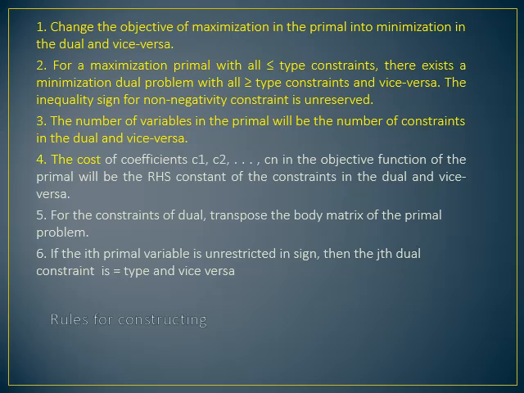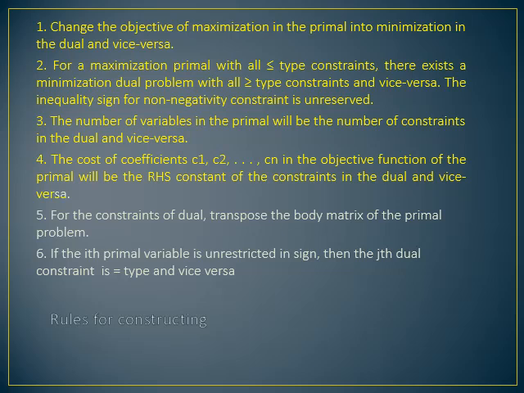The cost coefficients c1, c2 up to cn in the objective function of the primal will be the right hand side constants of the constraints in the dual and vice versa.